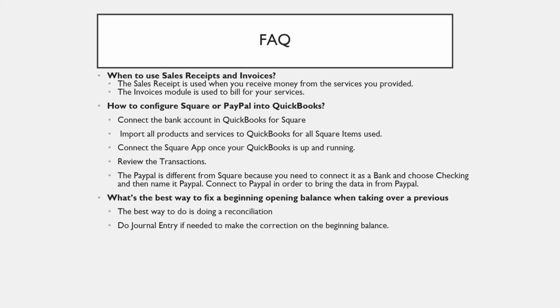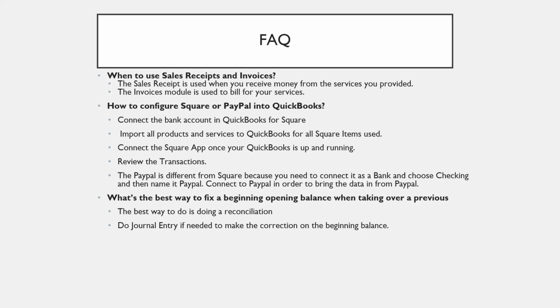PayPal is slightly different from Square, because PayPal is connected through the bank, and you can create it as a checking account. So basically you connect your PayPal, and everything that goes in the PayPal is like a checking, everything coming in. And all you do is transfer from your business account to PayPal.